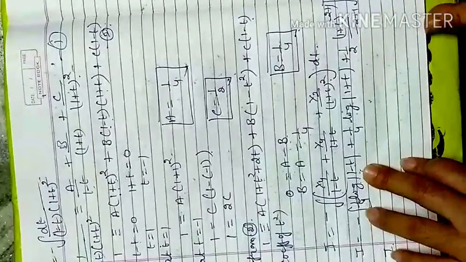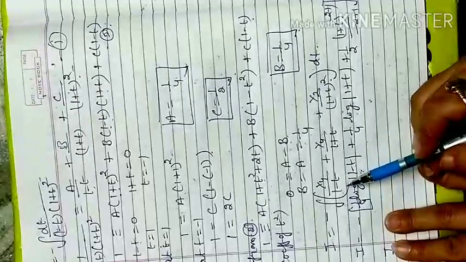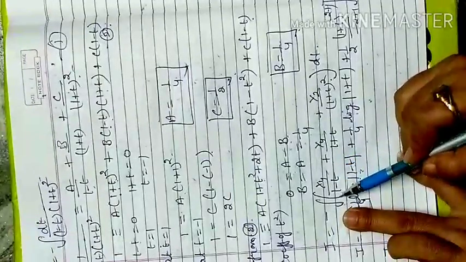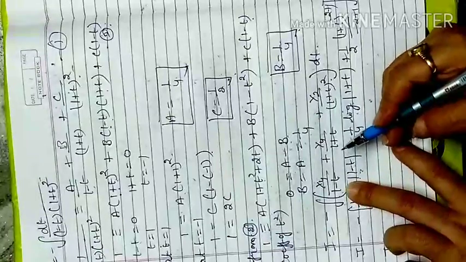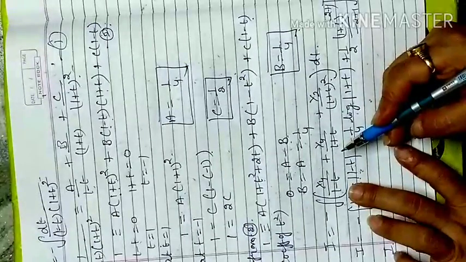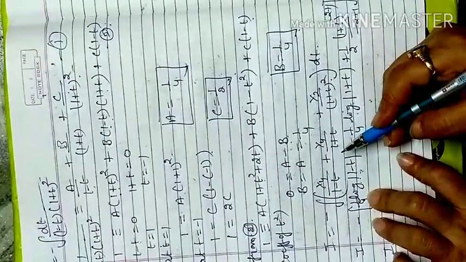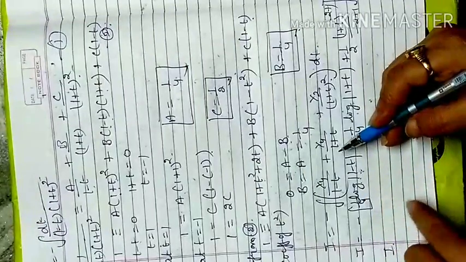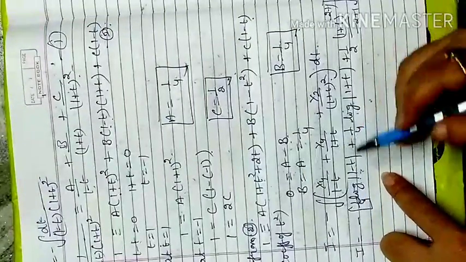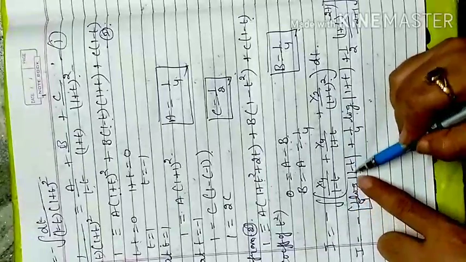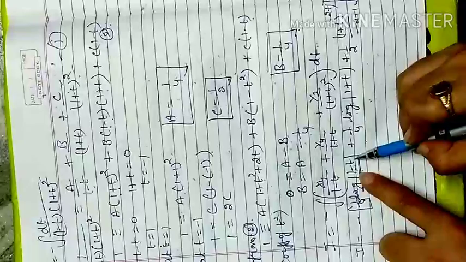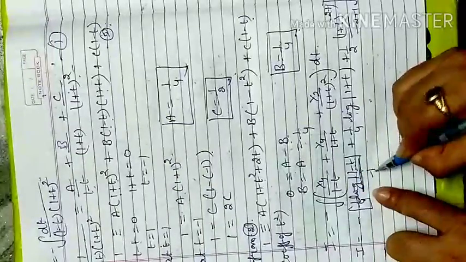So what happened when I directly apply the formula here, when I integrate this one, 1/4 (1 - t)? I told you that generally when we integrate by directly applying the formula, the differentiation of that term should be written in the denominator. So when I integrate log(1 - t), I have to write in the denominator the differentiation of 1 - t, which is minus 1.